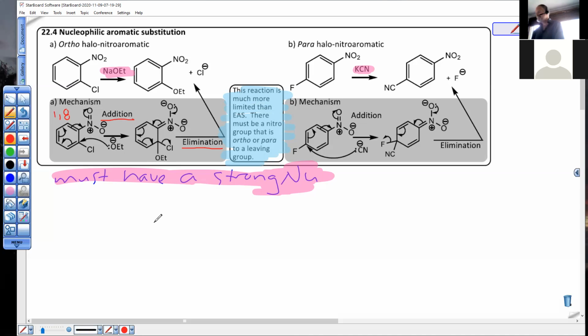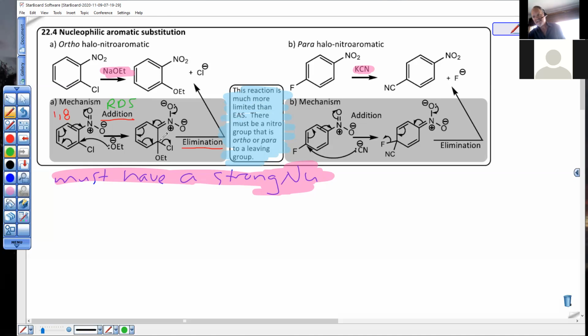Nice. Same story happens here. The rate determining step is the addition. That's the one that destroys aromaticity. So much like electrophilic aromatic substitution, the first step gets rid of aromaticity, creating an sp3 carbon, which you can't resonate through.